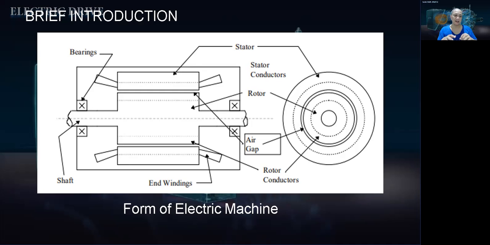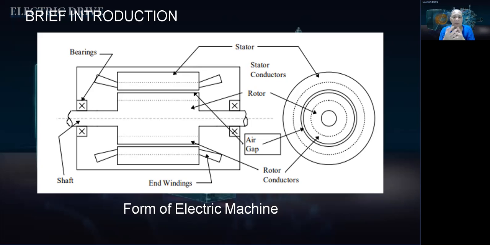Of course, it depends on the type of motor. Sometimes, like in an AC motor, the armature winding is in the stator. We'll discuss it in detail later, while the field winding is in the rotor. But it is different when we talk about some DC motors, especially permanent magnet DC motors, where the rotor becomes the armature winding and so on.